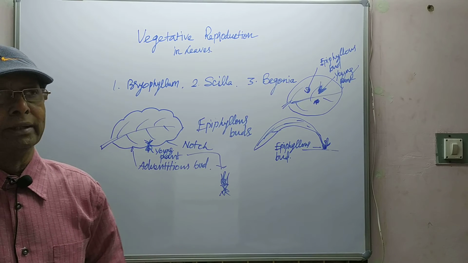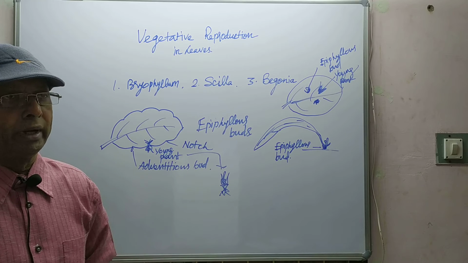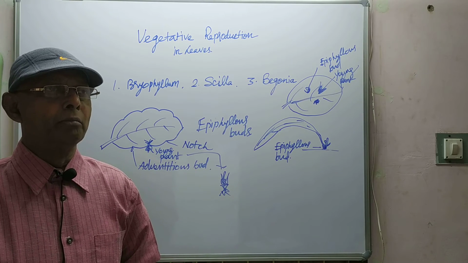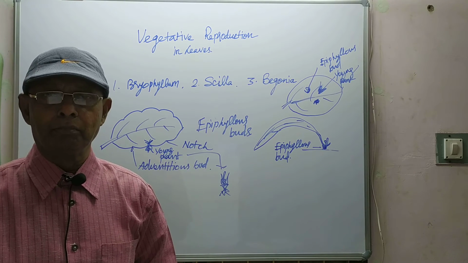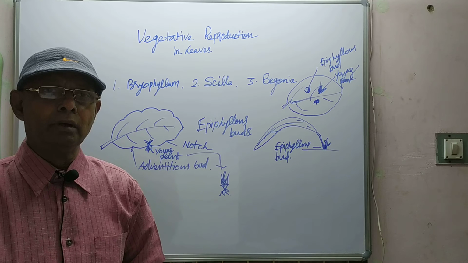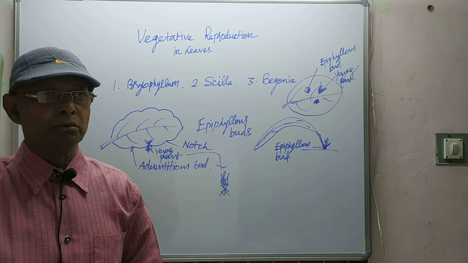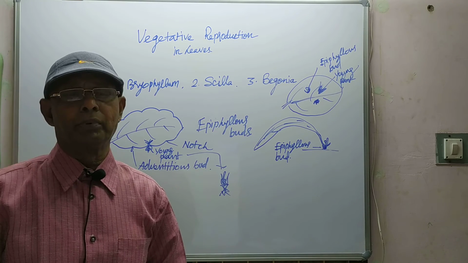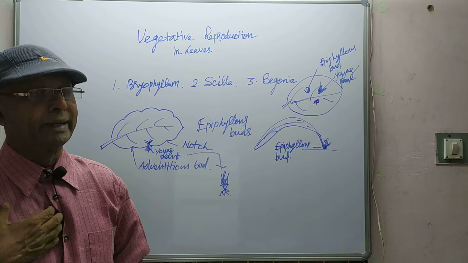But in the case of sexual reproduction, two parents are required, male parent and female parent. Male parent produces male gamete and female parent produces female gamete. Male and female gametes unite and form a zygote that develops into an embryo, then a new young plant. That is the procedure in sexual reproduction.